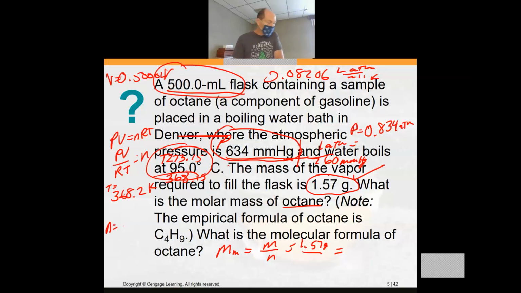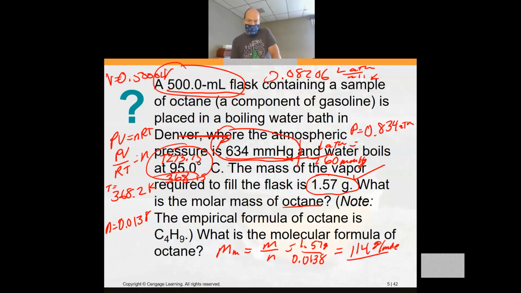When you plug all those in the correct units, you get 0.0138. So when you take your 1.57 and divide by your 0.0138, you get 114. All right, so that is your molar mass.